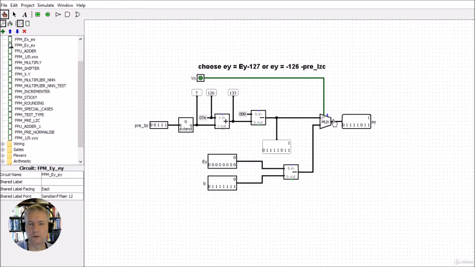So it's going to have worked through the normalization of the input, and we get the pre-leading 0 count worked out in order to go through that normalization. And so the output is actually coming from this point here. So we're going to get, in this case, minus 126 minus the pre-leading 0 count for our unbiased exponent for the y value.